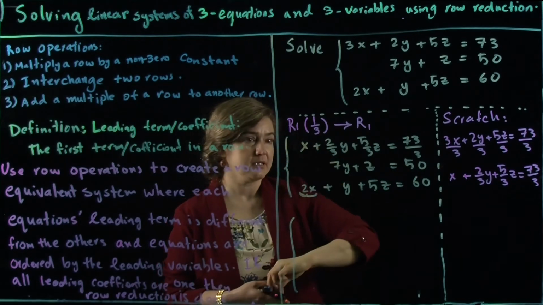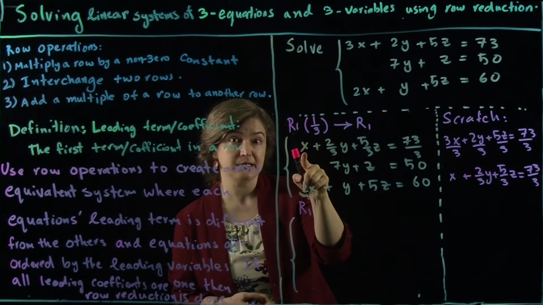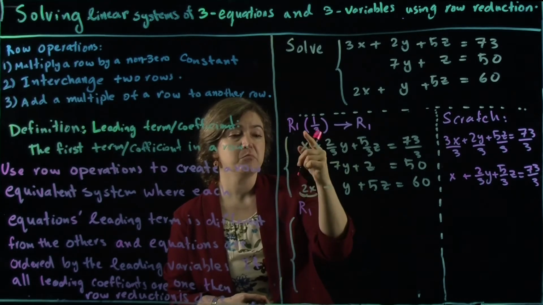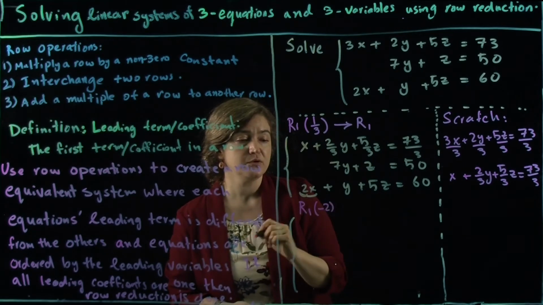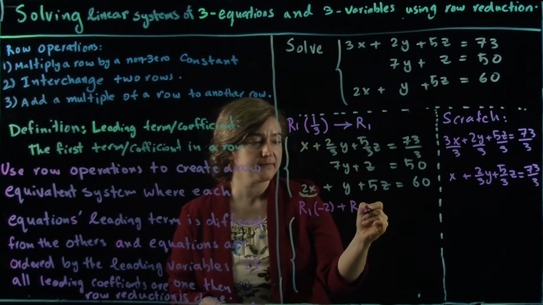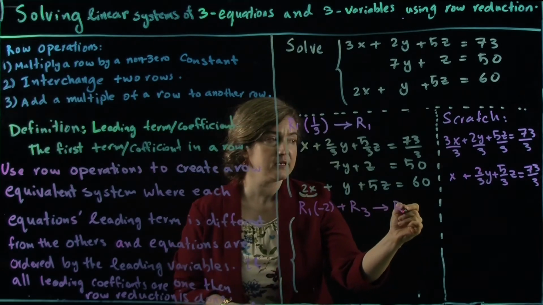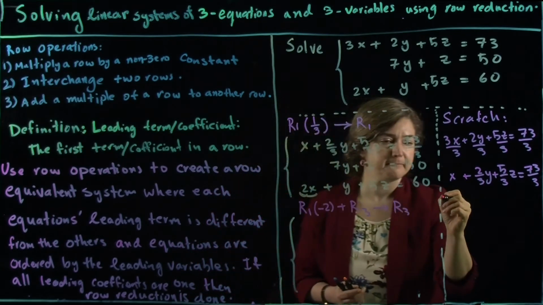What does that mean? That means row 1, the one with the leading one with this variable, multiply that by -2, then add it to row 3, and replace row 3 by that. Okay, how does that work?